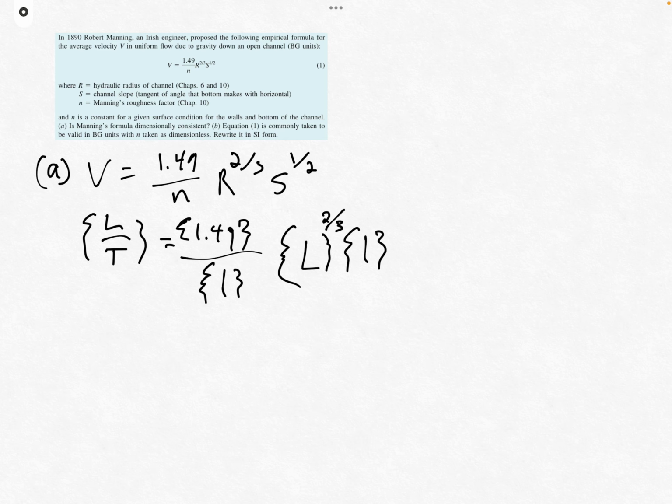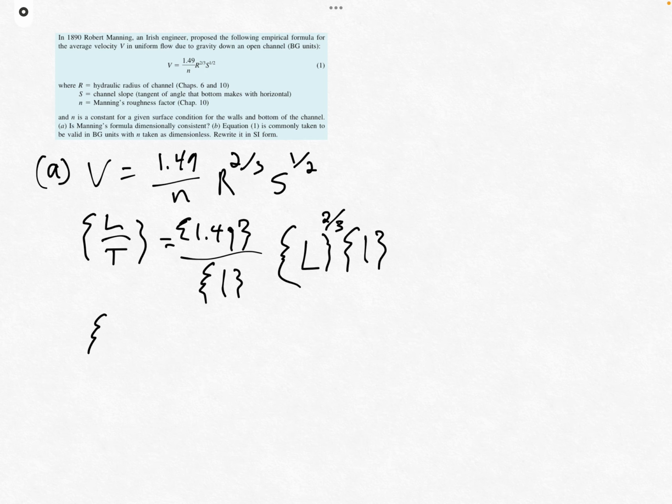Okay, so that's our expression in dimensional form. We have the unknown dimensions for this factor 1.49 and everything else that we know plugged in, with a couple of non-dimensional parameters in this expression as well. All right, so let's figure out what the dimensions of 1.49 are in order for this expression to be dimensionally consistent. So we can rewrite this.